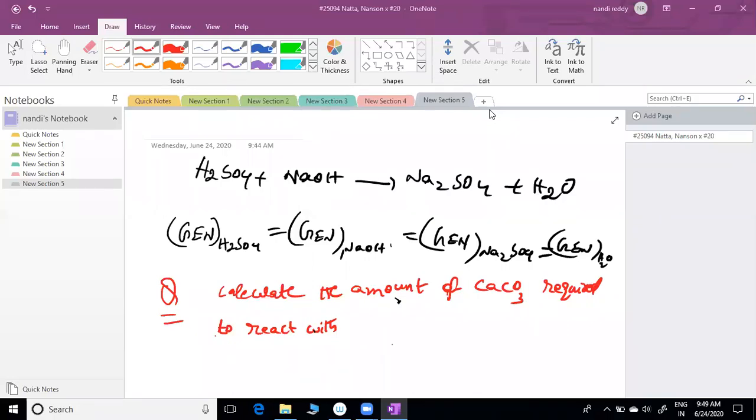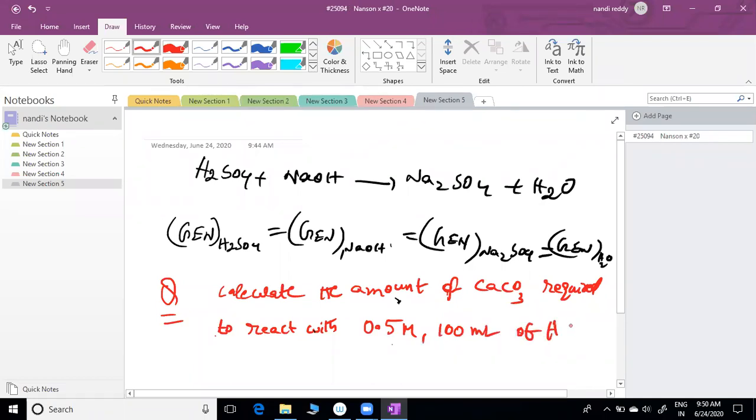Calculate the amount of CaCO3 required to react with 0.5 M, 100 ml of HCl. And this is the question.